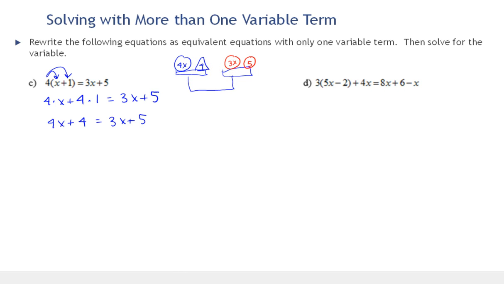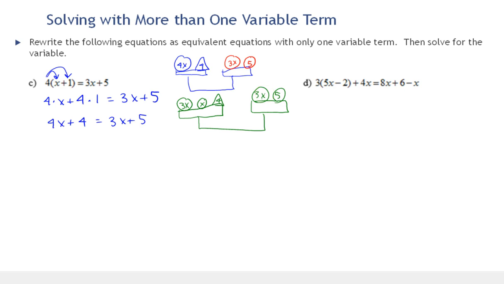So let's make a new little scale. I'm going to think of the 4x as a 3x and a single x, that total 4x. And here we still have a 3x and a 5.